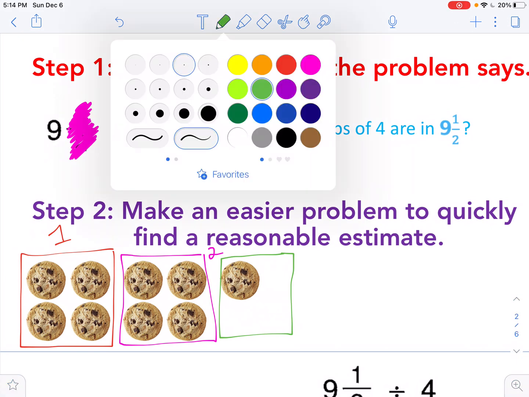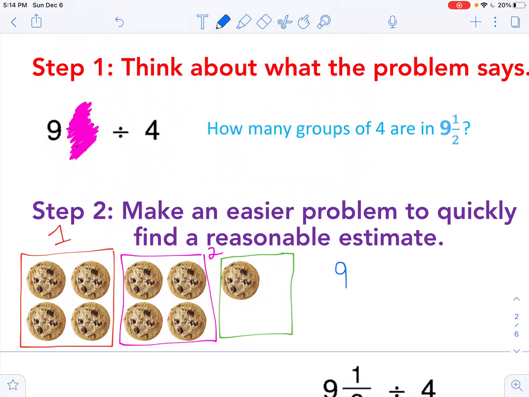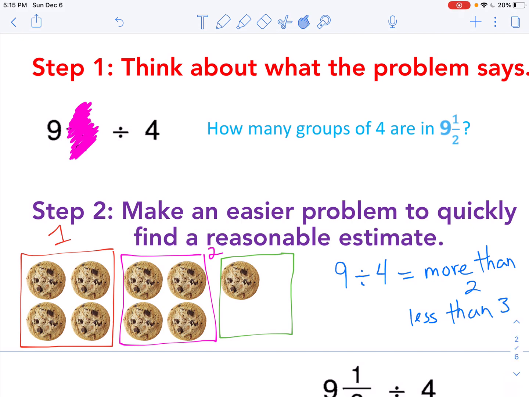All right. So I know that 9 split into groups of 4 is going to be more than 2, but less than 3. And my brain is really good at doing these types of problems as soon as I start thinking about cookies, because I can envision cookies and mowing them down, eating them up pretty quickly.